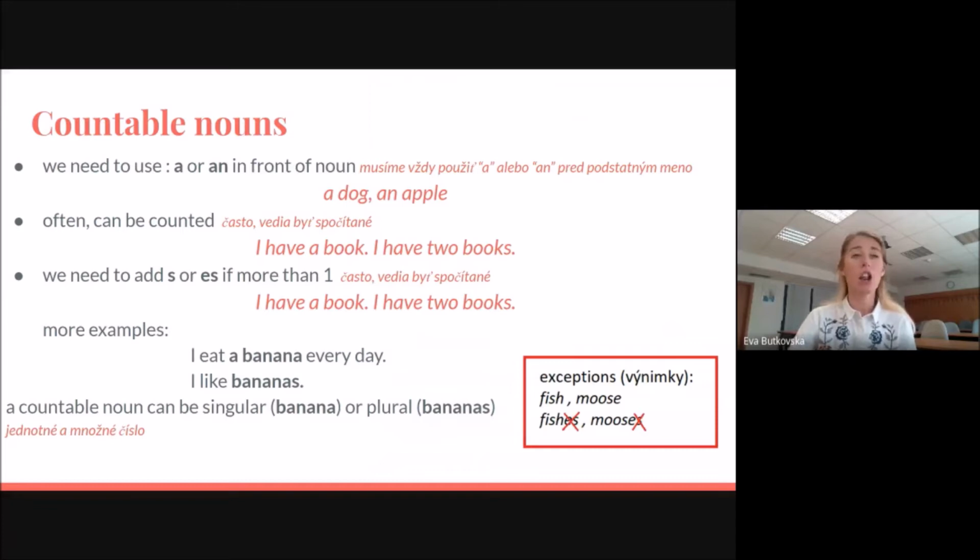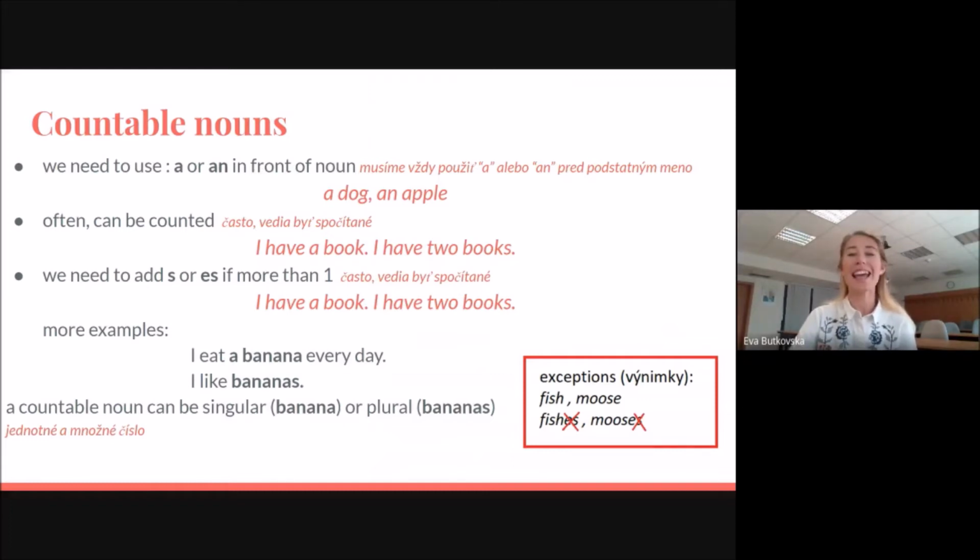English has a lot of exceptions, and with countable nouns, there are many, many exceptions that you have to learn, but that's not the case for our lesson. So just a few examples of exceptions is, for example, the word fish. Fish is a countable noun. We can count the fish, so 1 fish, 2 fish, but the word fish doesn't change.